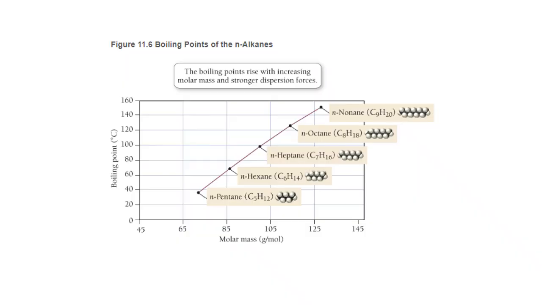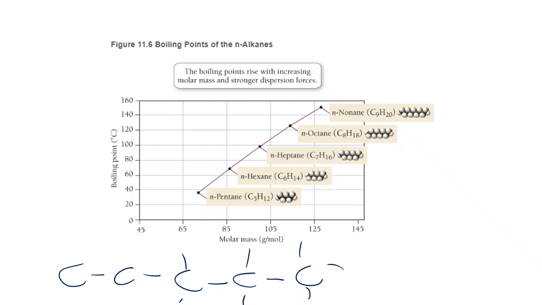Here, these are all nonpolar compounds. So if I were to draw these out, it's going to be just a long carbon chain with hydrogens on the side. And because those are symmetrical, they just have dispersion forces.